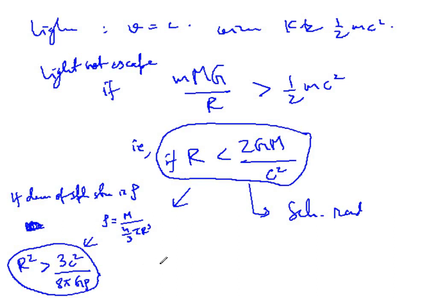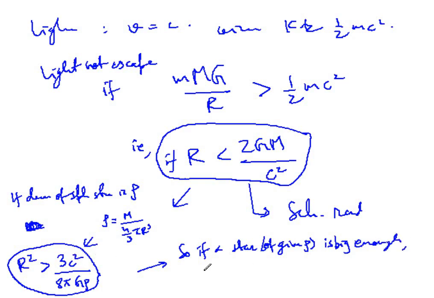So what does this mean? You see, this means that if a star, of course, of given density is big enough, then it will not shine. You see, something very interesting.